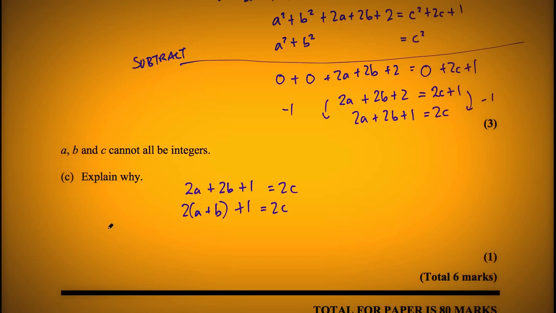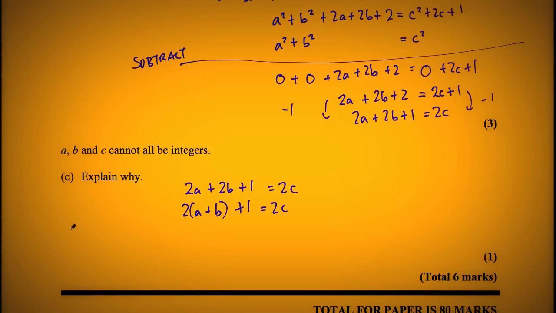Effectively what it needs to be said here is that if that's an even number plus 1, then the whole of the left-hand side is odd, and therefore c must, well, if you divide an odd number by 2, you get a 0.5, a decimal.